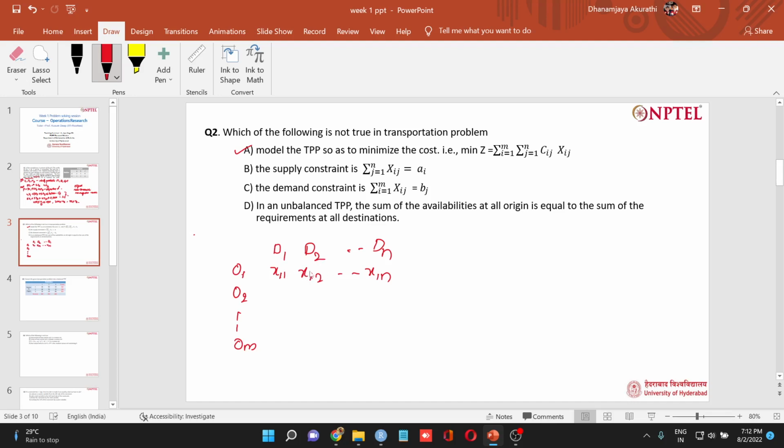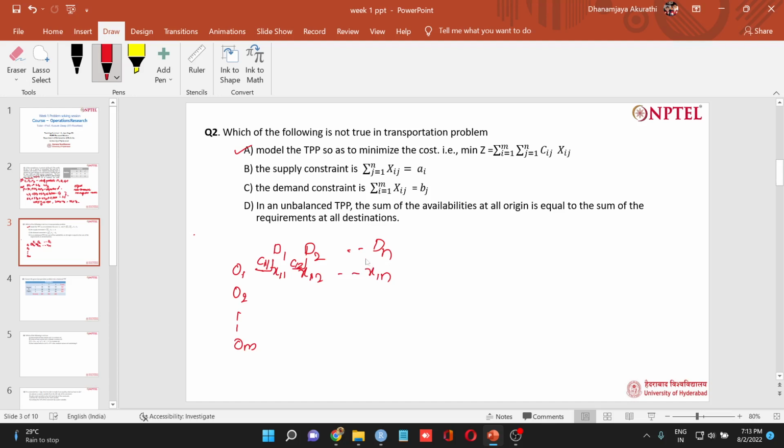C11 is the cost coefficient, the cost to transport a product from origin 1 to destination 1, and C12 is the cost to transport the product from origin 1 to destination 2.